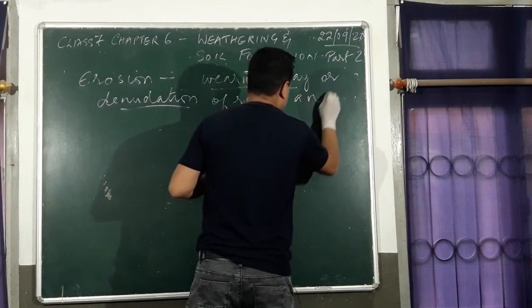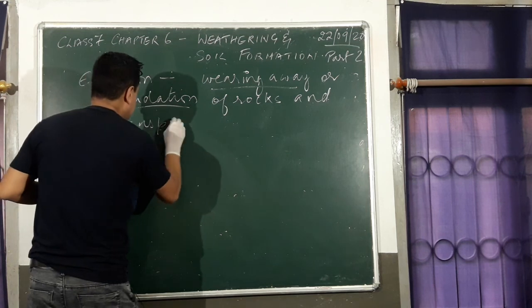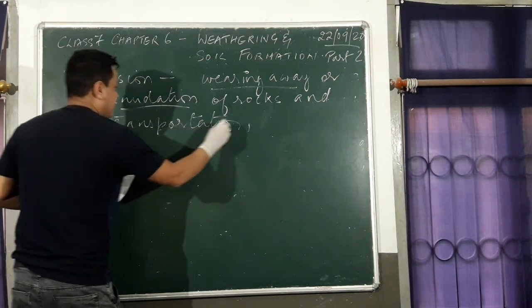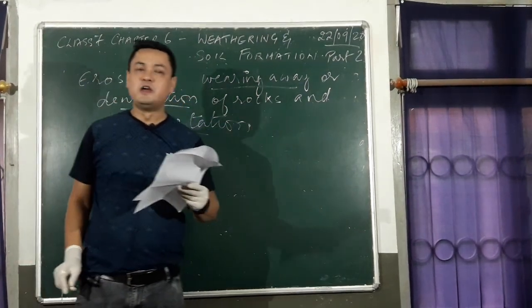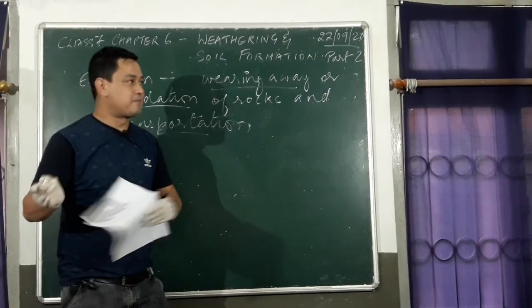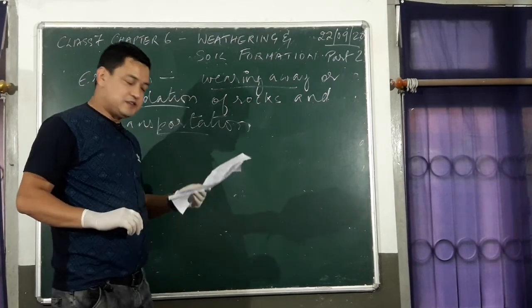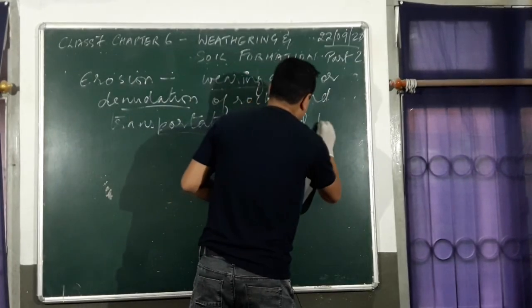And transportation. Another main important point that we come across is transportation. Erosion plays a vital role in transporting the broken rocks and soil from one place to another. Another important point that we come across in the definition is transportation. And finally, deposition.